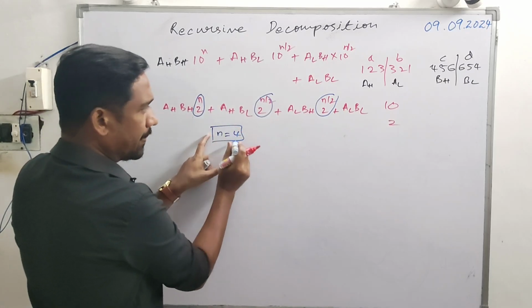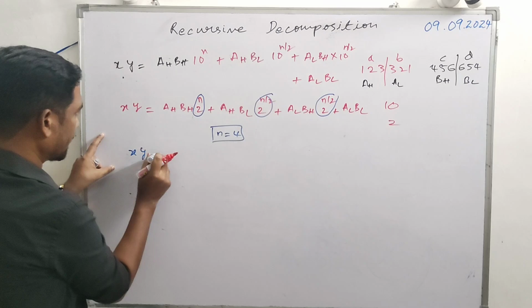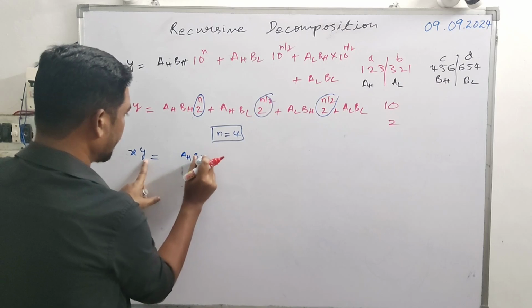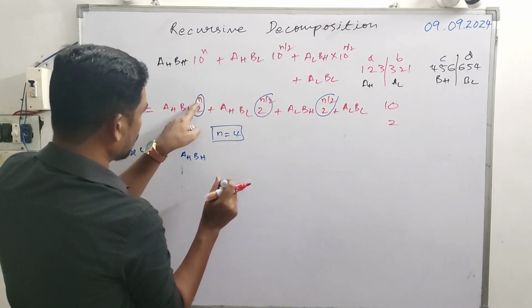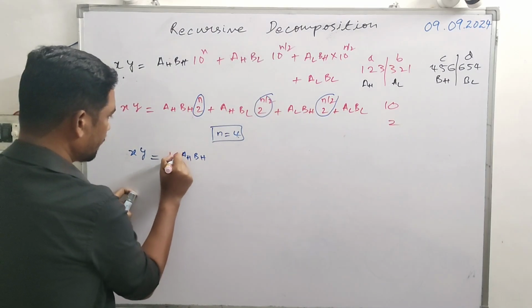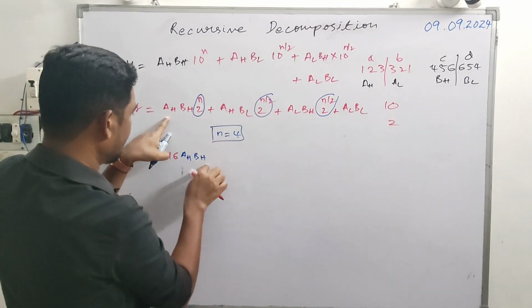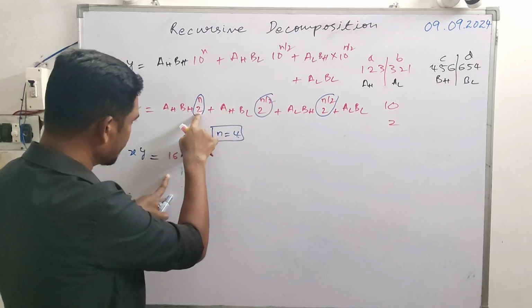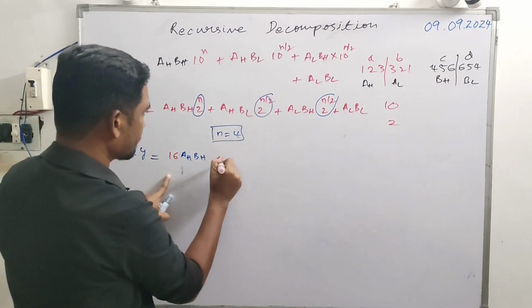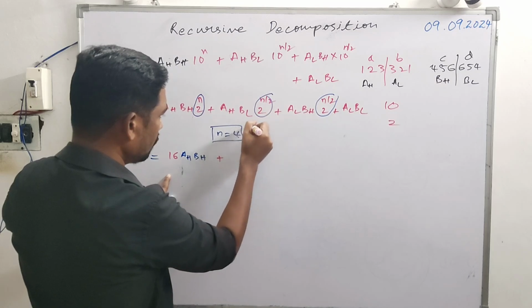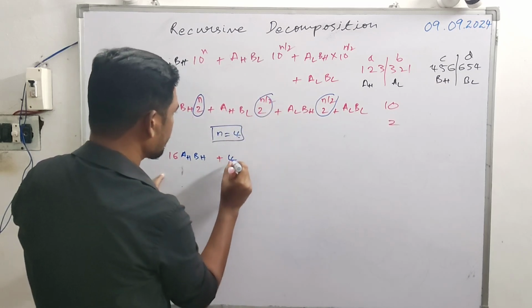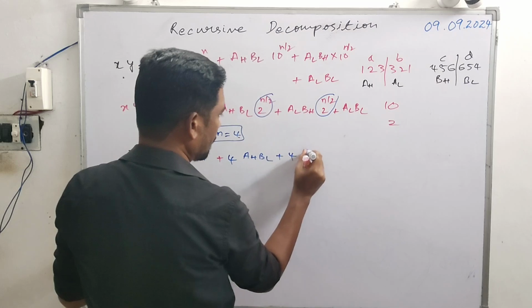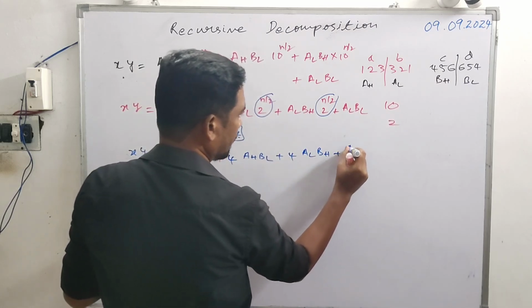When we work on a 4-bit binary number, the equation takes the form x into y: AHBH and 2 raised to 4, n will be 4, the shift factor will be 16 over here, 16 times AHBH, plus this factor 2 raised to half of this one, 2 raised to 2, that will be 4 times AHBL plus 4 times ALBH plus ALBL.